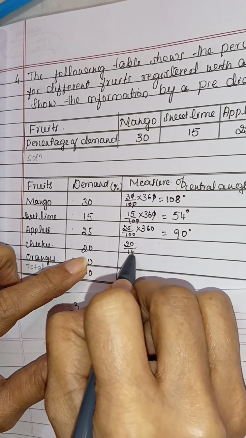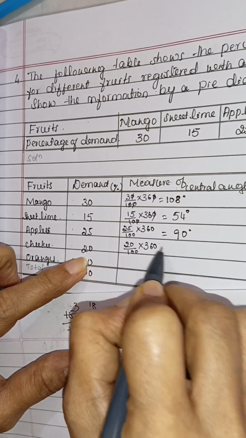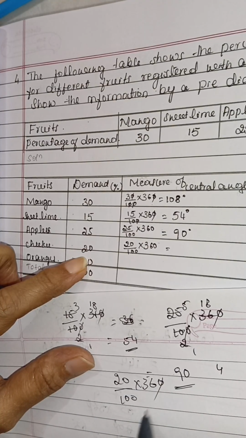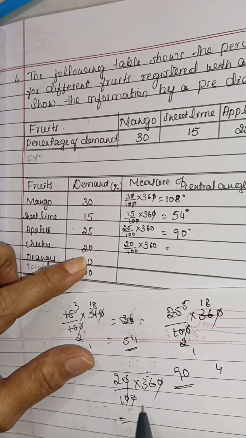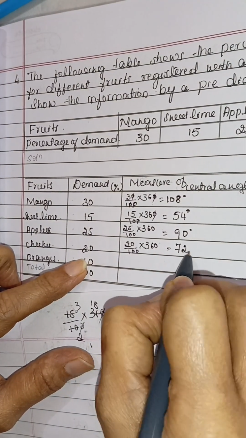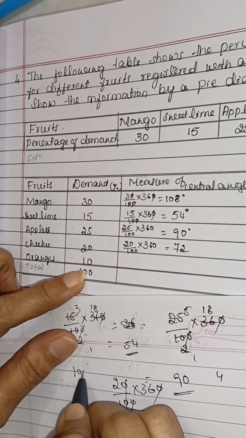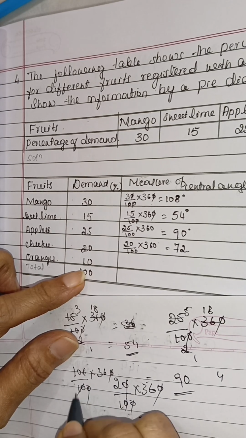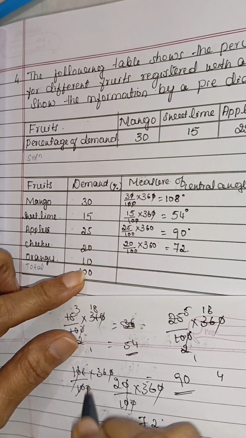20 out of 100, 360. 0, 0, 72. This is 72. This is 10 out of 100 multiplied by 360. 0, 0. This 10, this 10. 36.